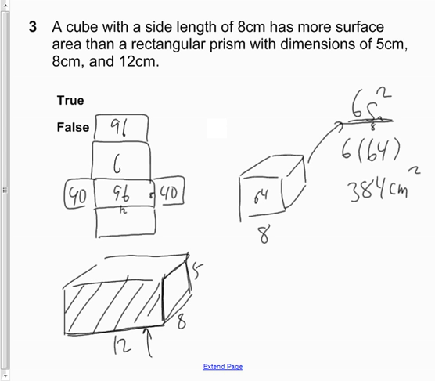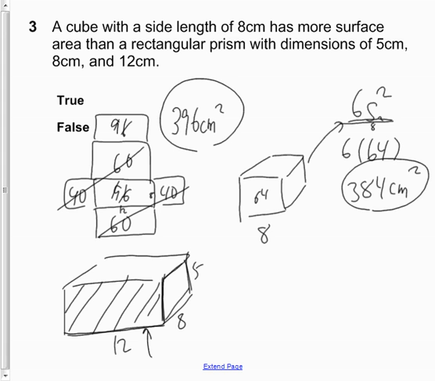So that's 60 and 60. When I add all these together, those two add up to be 100. Those two add up to be 100. That's 200. 200 plus 180 is 380. Plus 12 is 396 centimeters squared. So the answer is false because the rectangular prism has a surface area approximately 8 square centimeters greater than that of the cube. So the answer is false.